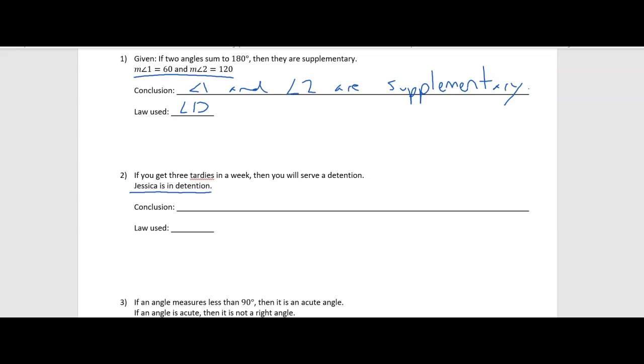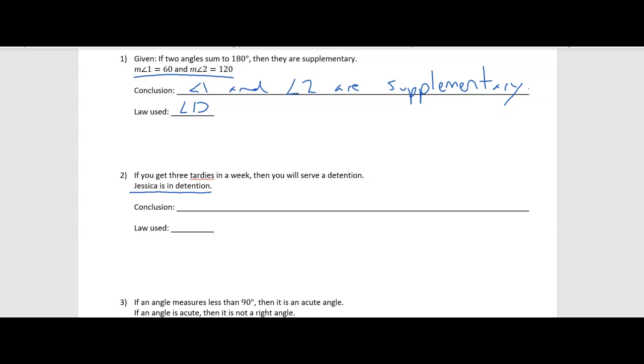Just because the conclusion is true does not mean that the hypothesis has to be true. And you could think about this, right? There could be other reasons why Jessica is in detention. We can't determine that Jessica got 3 tardies because she's in detention. She could have got detention for being disrespectful or any one of the other number of reasons you may need to serve a detention.